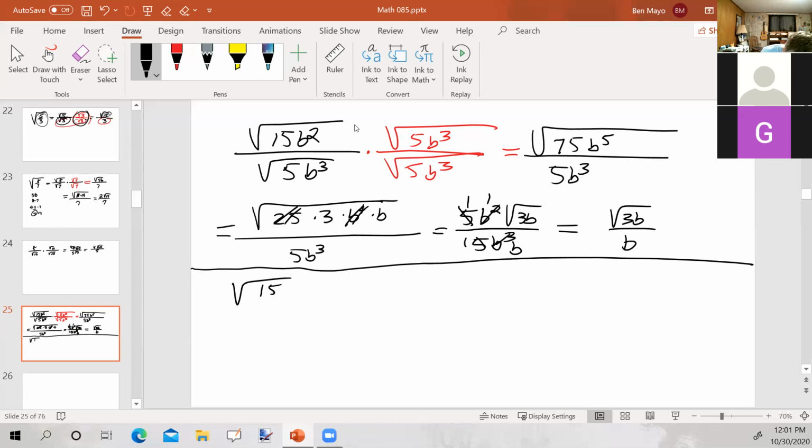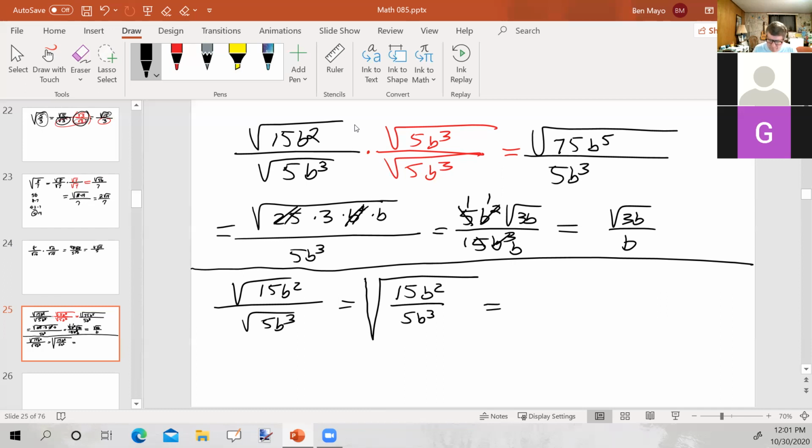Now let's go back and look at it a different way. Let's take this over that. And we've got a fraction with a square root on top and a square root on the bottom, so I could combine them. All right, could do that. And then I could reduce that down.